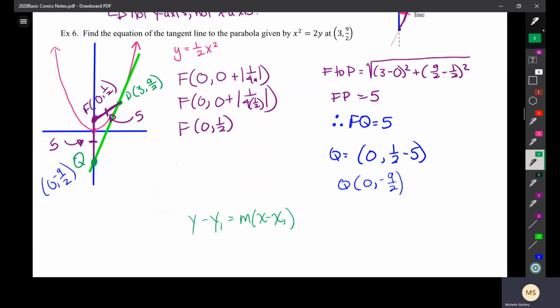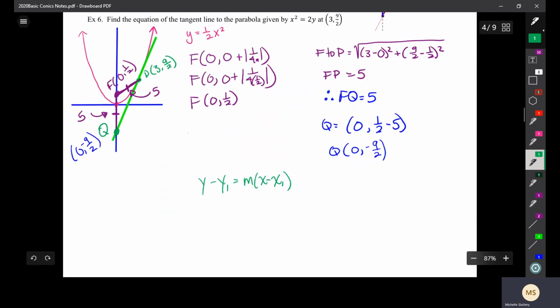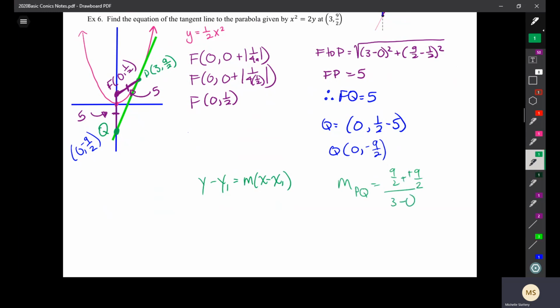So in order to solve this and find the equation, I have either point P or point Q. So I need to find the slope. So let's go ahead and find the slope of PQ. To find the slope of PQ, I can do 9/2 minus -9/2 over 3 minus 0. And I get that the slope of PQ is equal to 3.